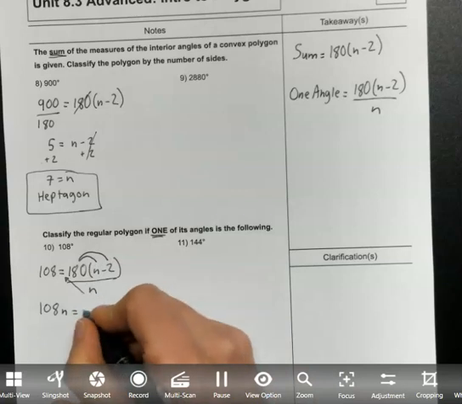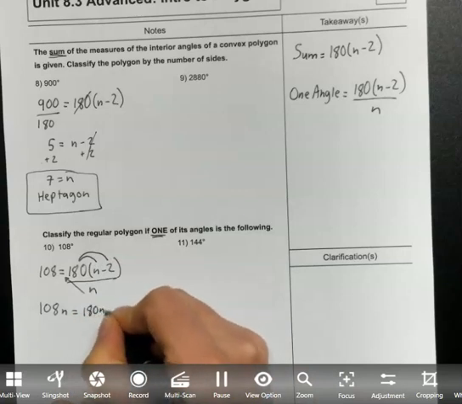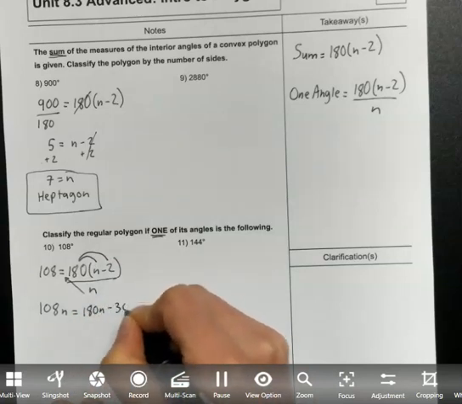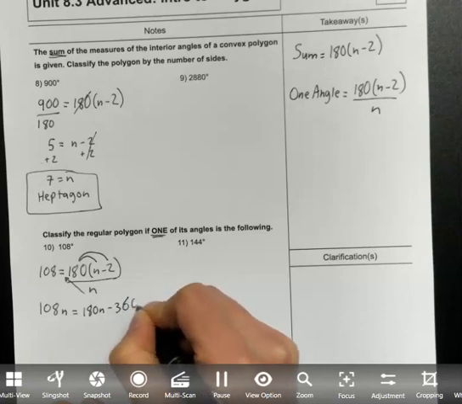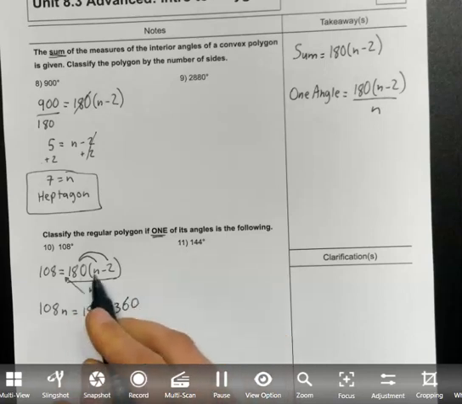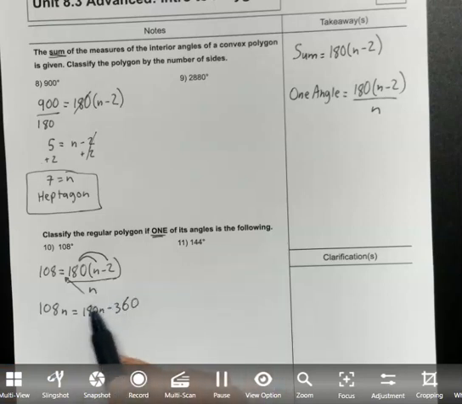Okay, so distributing the 180, 180 times n is 180n. 180 times negative 2 is negative 360. Alright, so from here, I still want n by itself, okay? So I'm going to move my n's to one side and my numbers to the other side.